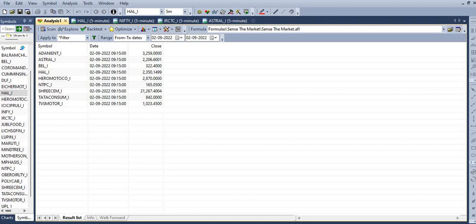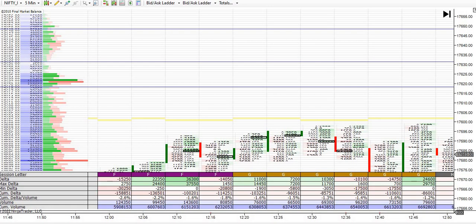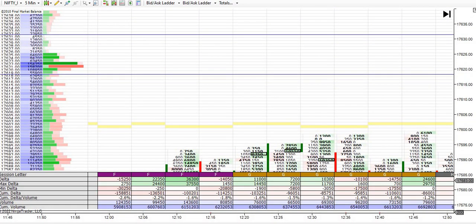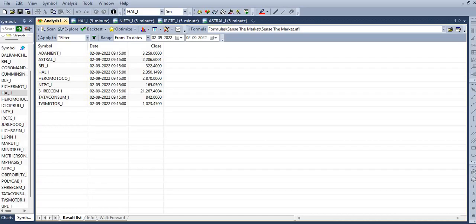And for Nifty and Bank Nifty, I personally train you in order flow. On the basis of order flow, I will teach you how to trade Nifty and Bank Nifty. So before getting into further delay, let's jump into how this works.